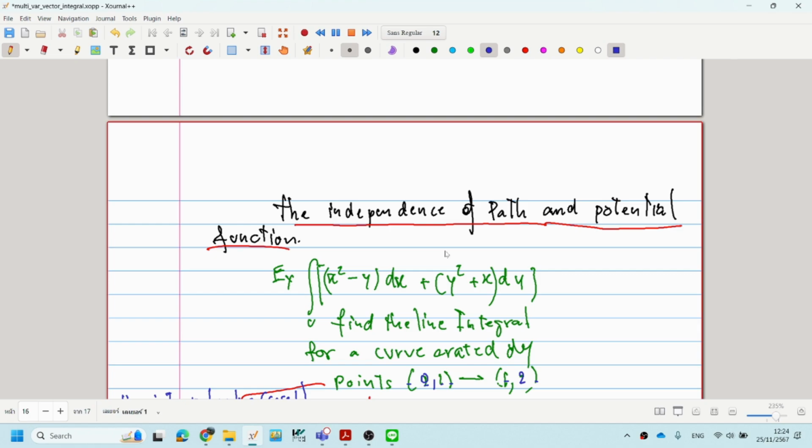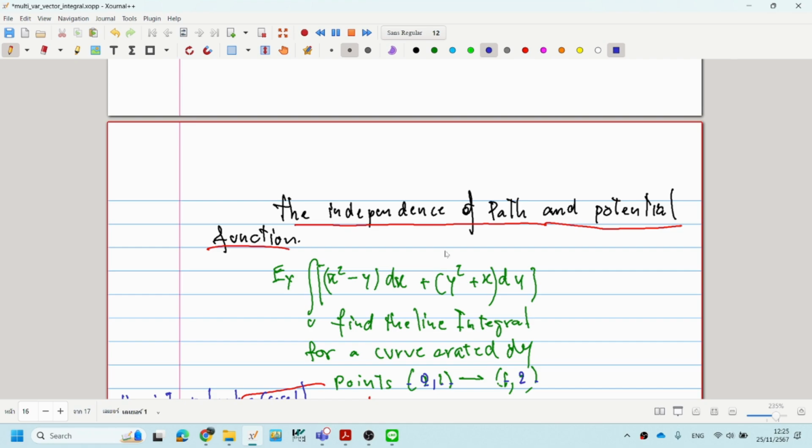If you can find the potential function for the vector, the solution comes from the end point minus the start point.